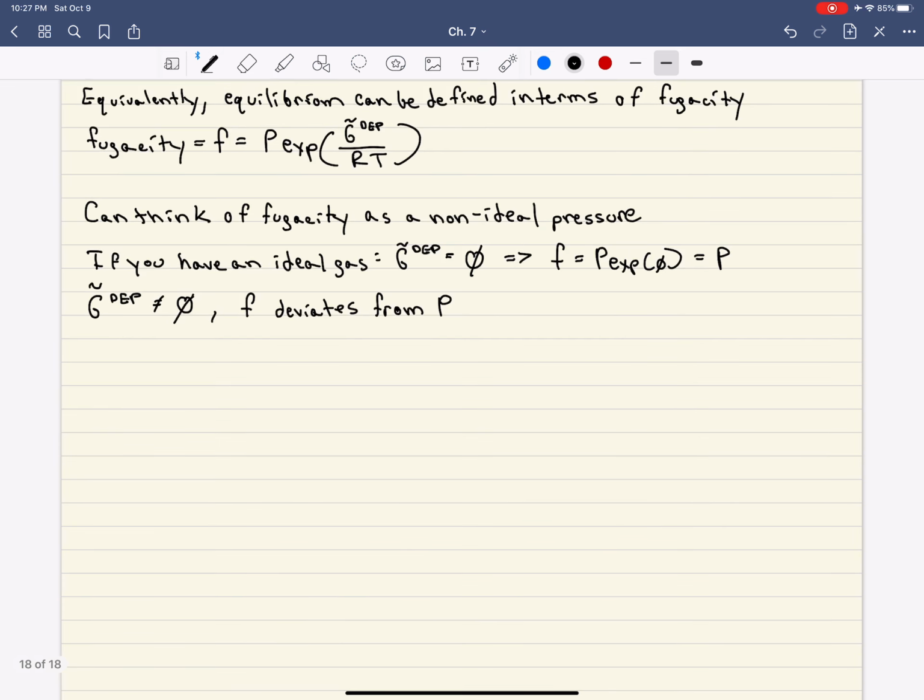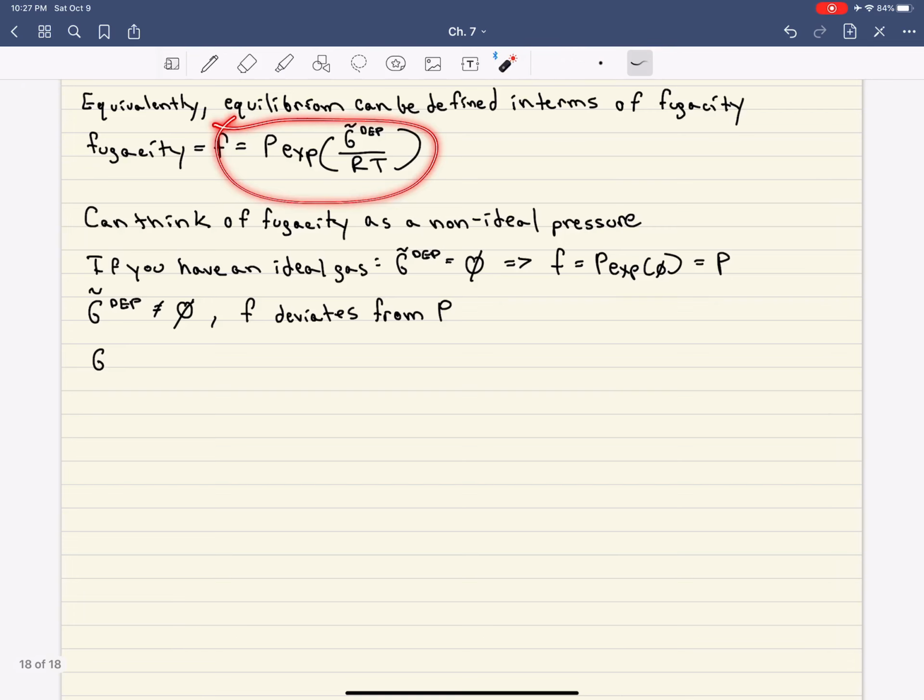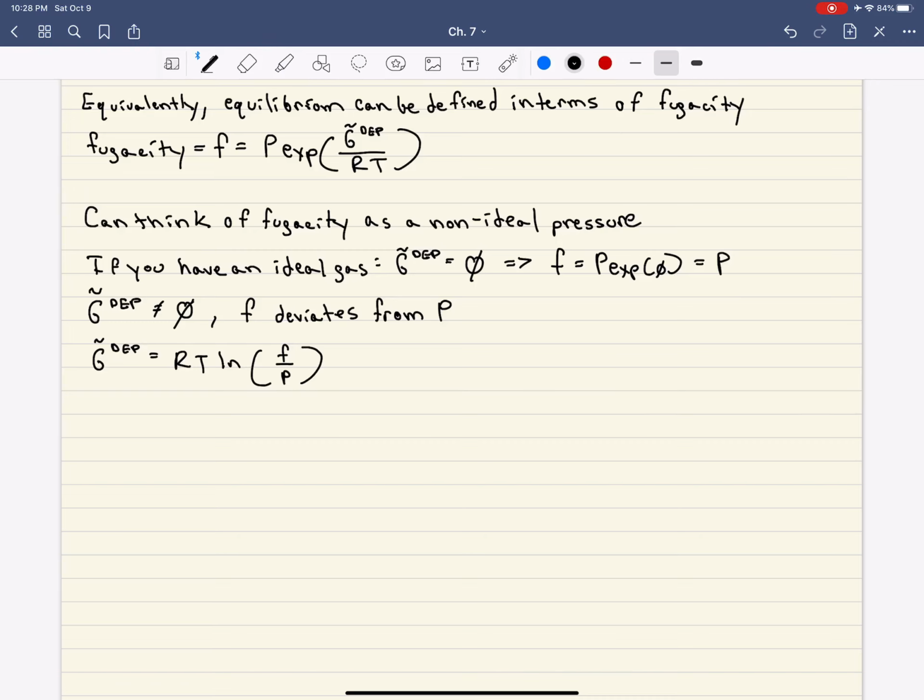In any case, what you could do is rearrange the fugacity equation so that you have your g departure is equal to RT natural log of F over pressure.